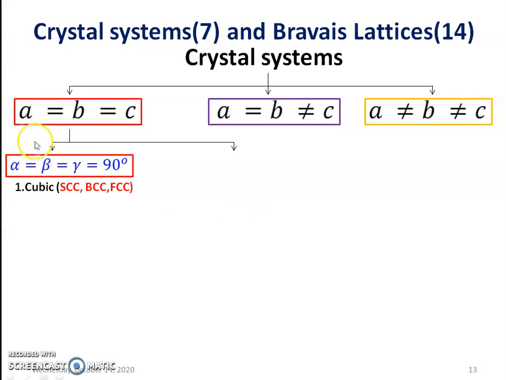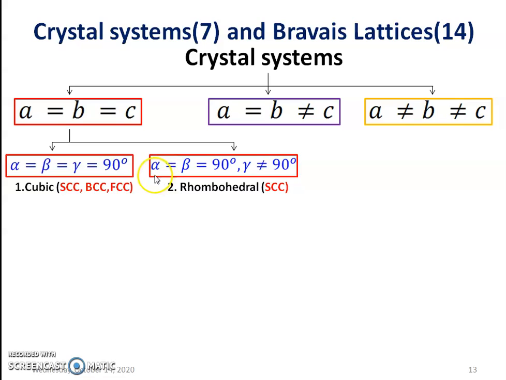Now again, for A is equal to B is equal to C, another possibility is that alpha and beta, these two angles, are the same, equal to 90 degrees, but gamma is not equal to 90 degrees. The crystal system with A is equal to B is equal to C means all the edges are the same, and two angles, alpha and beta, are 90 degrees, but gamma is not equal to 90 degrees.